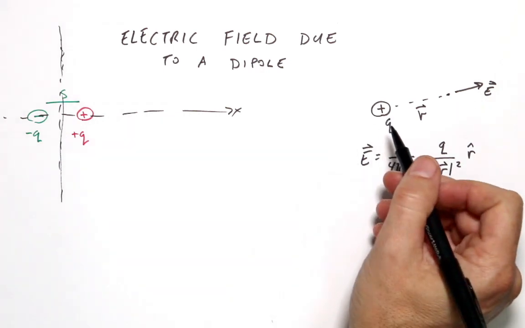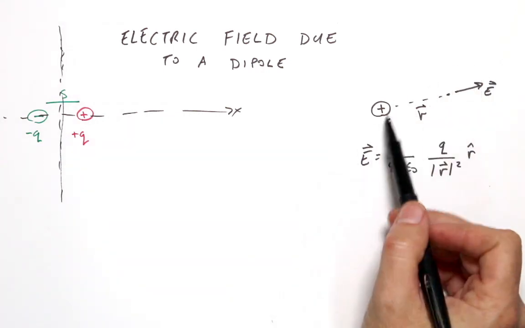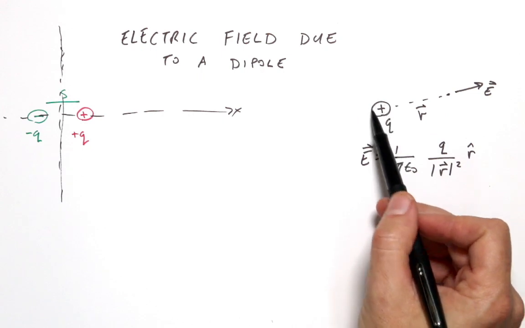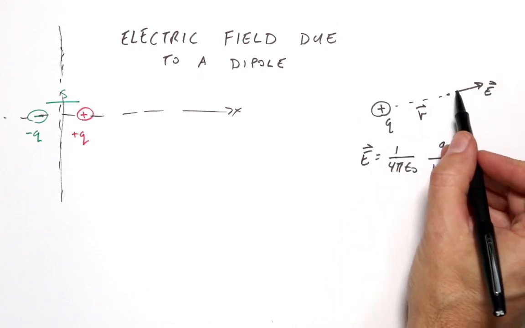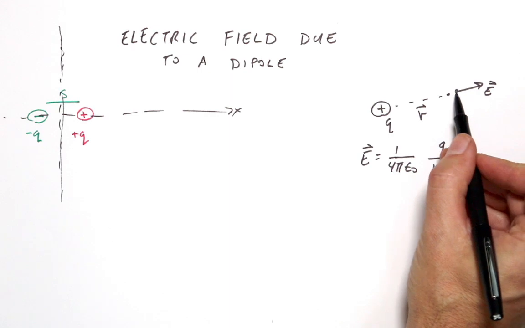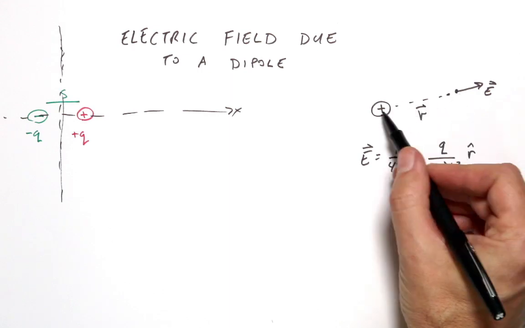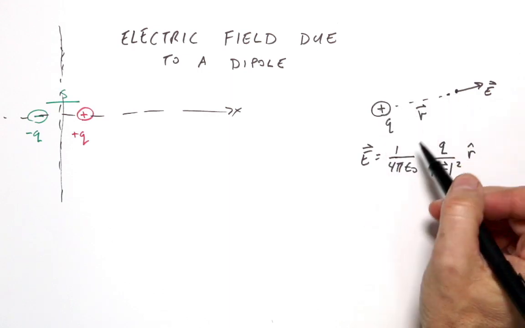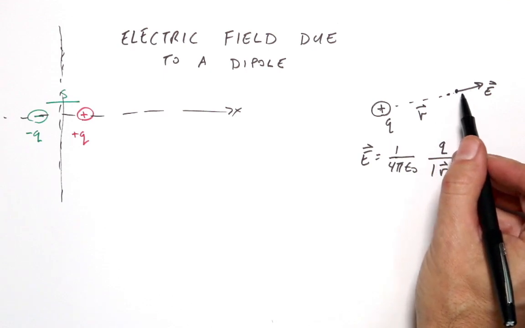Okay, so now a quick review. If I have a charge Q, and I want to look at a point a vector location r from that point charge, there will be an electric field.